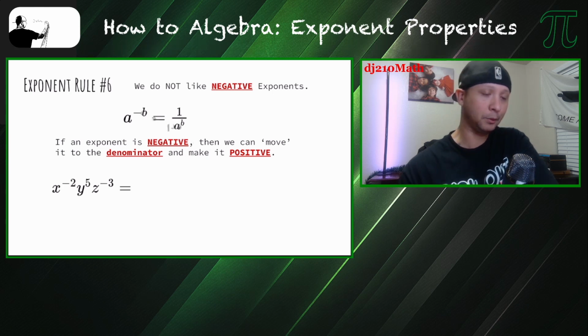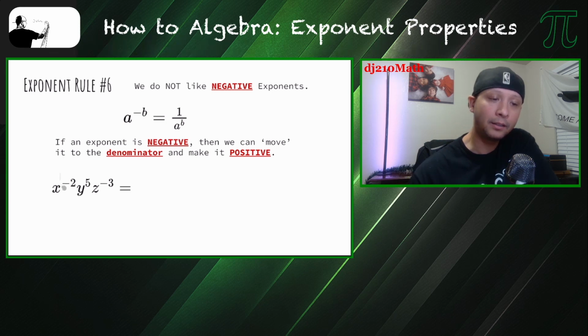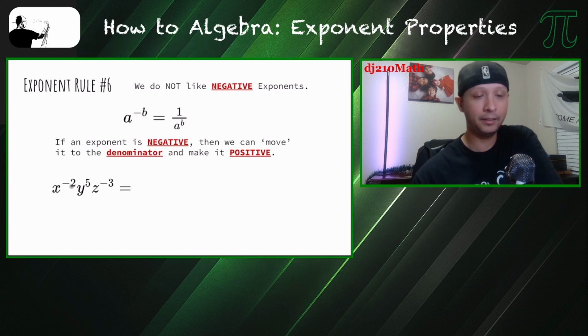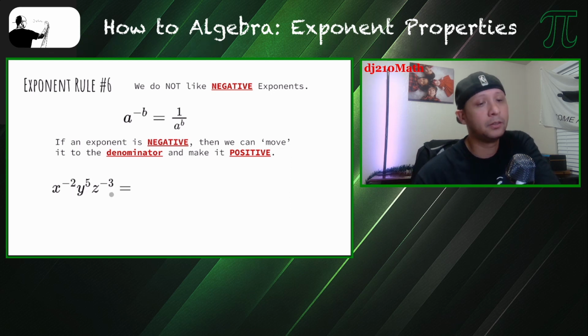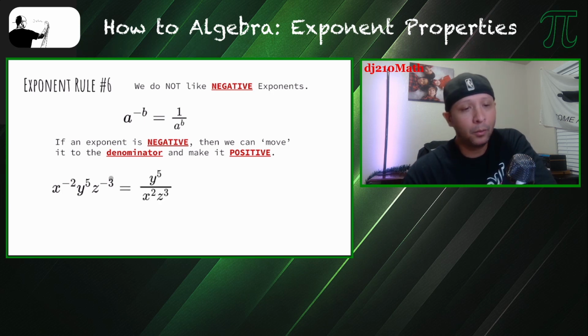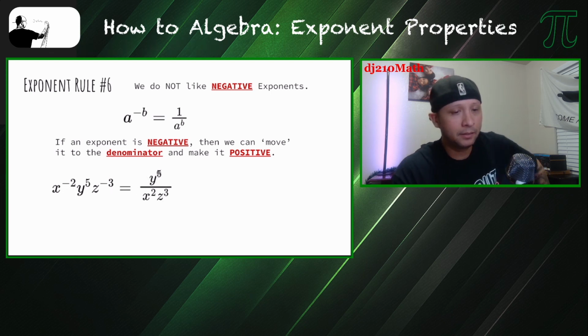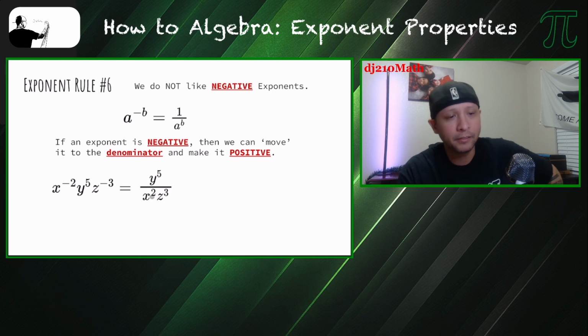So in the example, we have x to the negative 2, y to the 5th, z to the negative 3 power. So all the negative exponents will become positive and they'll move into the denominator, and it's all being multiplied. So y to the 5th over x squared and z cubed. There's nothing else we can combine, so we just leave it at that. So the idea is that we don't like negative exponents. That's pretty much the gist of it.